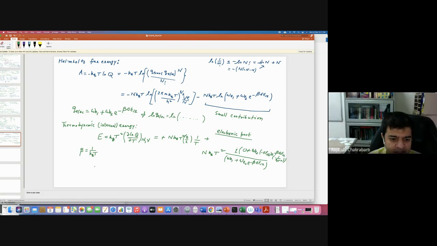If you rearrange everything nicely, we're going to get 3/2 n kBT. This was done in the last class. Plus, you will have a term here which is n omega E2 delta E12 times exponential of minus beta delta E12. I don't need to care about ln n factorial, because whenever you differentiate it with respect to temperature, that contribution is 0.